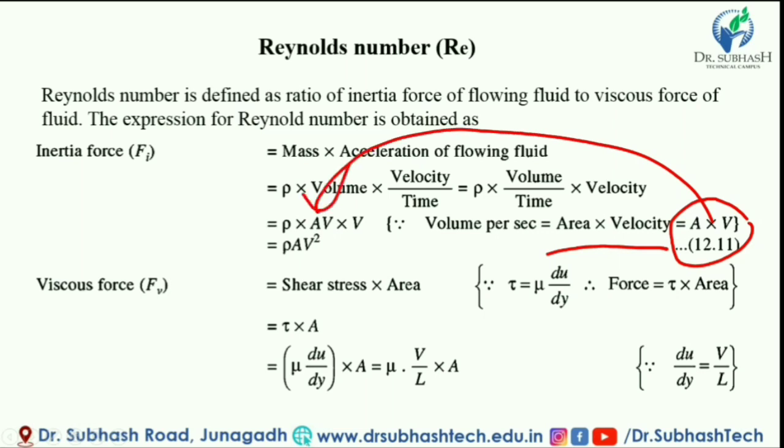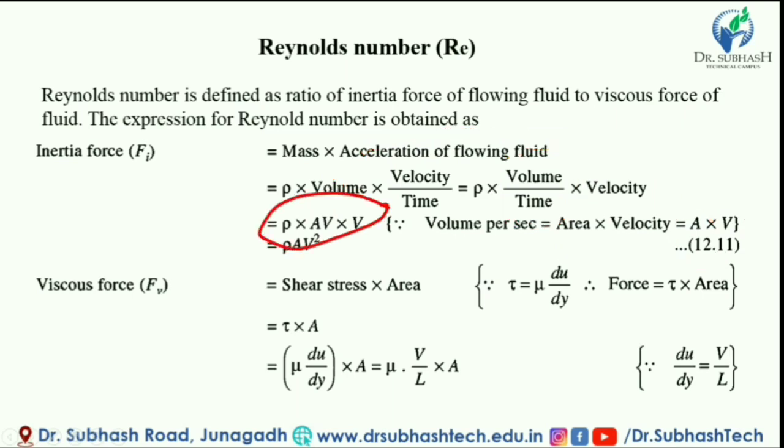Now the equation is rho A V square. Rho A V square is the equation of inertia force, and inertia force is denoted by Fi.